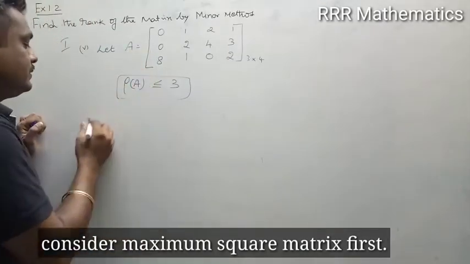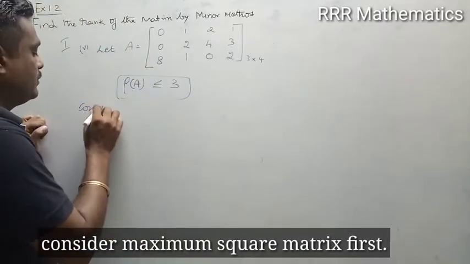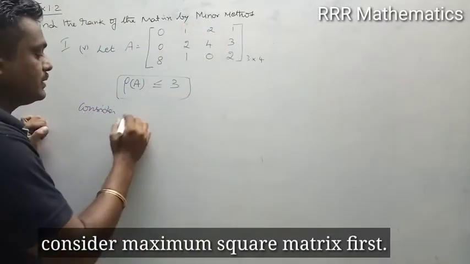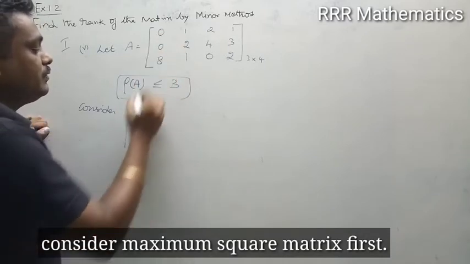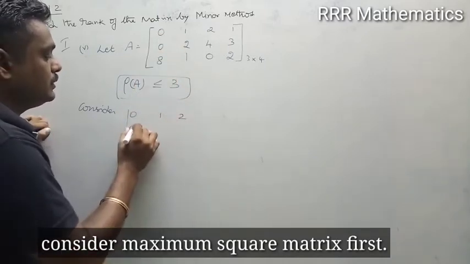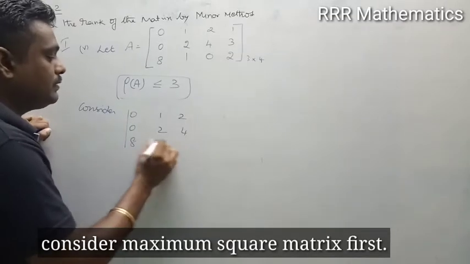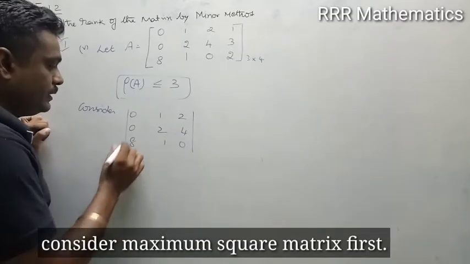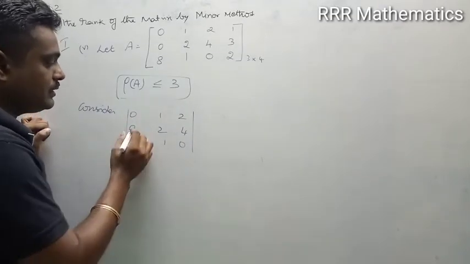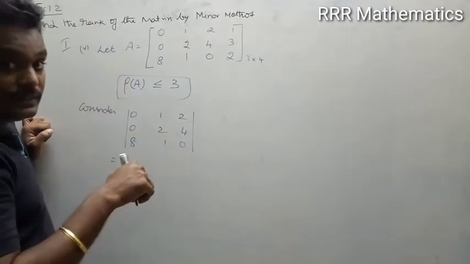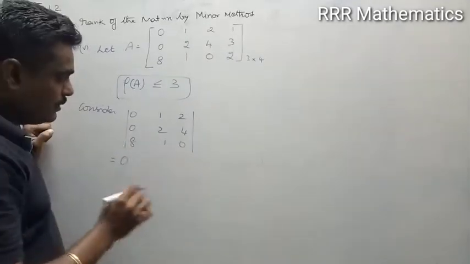I will consider the first 3 columns. Determinant of 0, 1, 2, 0, 2, 4, 8, 1, 0. 0 times anything is 0, leave it. I'll expand along column 1. 0 times anything, 0.